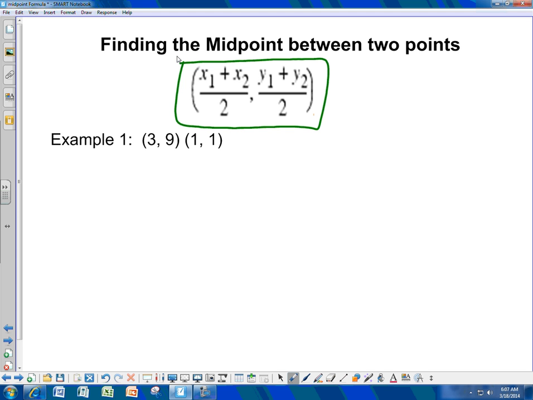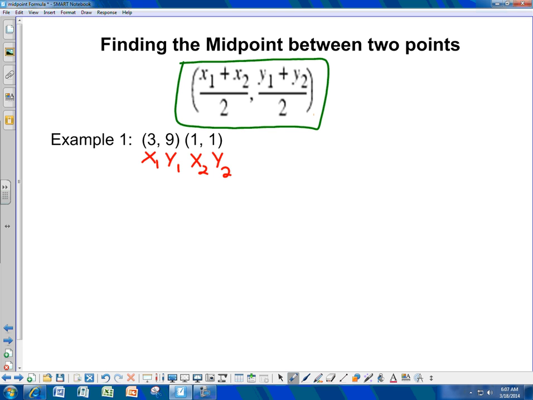So I'm going to start with labeling what my x1, y1 are. So my x1 is just 3, my y1 is 9. And then my x2 would have to be then the 1 in the second parentheses. And my y2 is the 1 in the second parentheses.